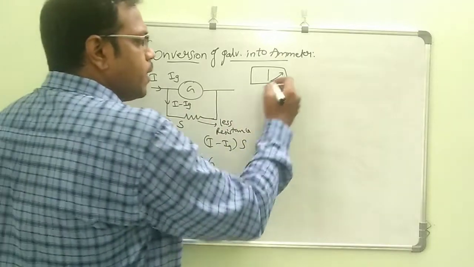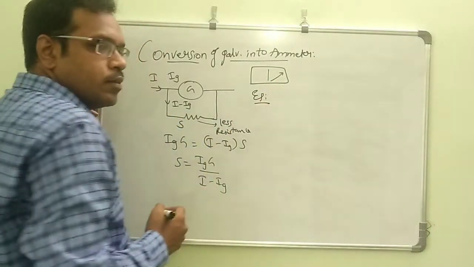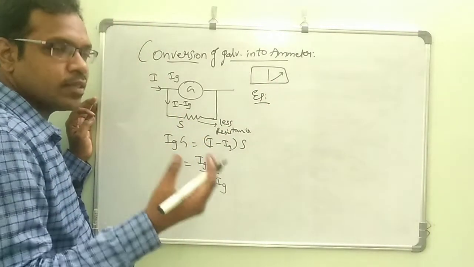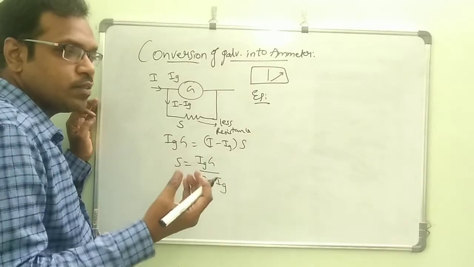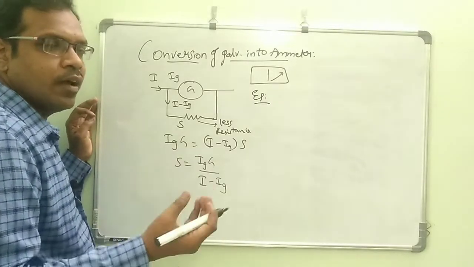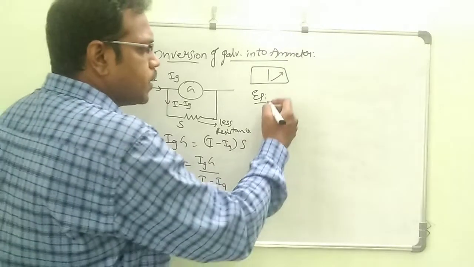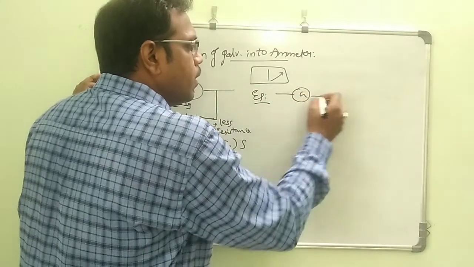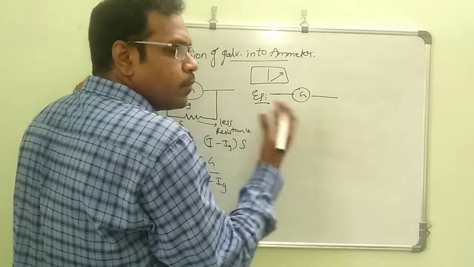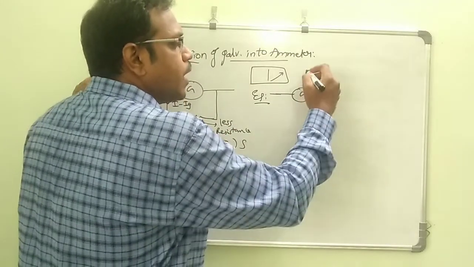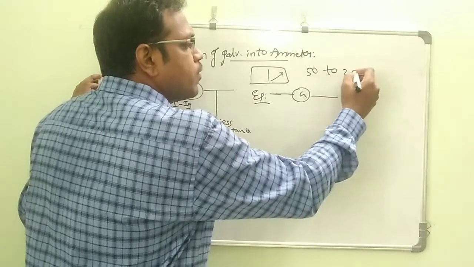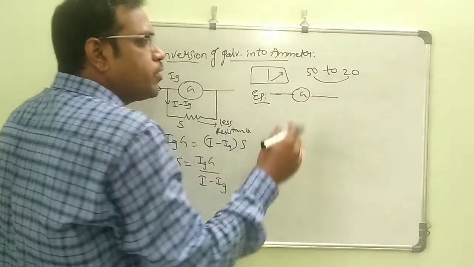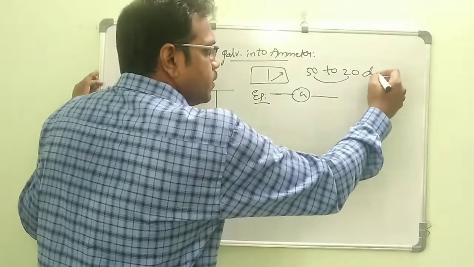Suppose if you see one example, sometimes they will give the current in the form of divisions. Suppose the galvanometer is getting some current, and it is reduced from 50 to 20 divisions.